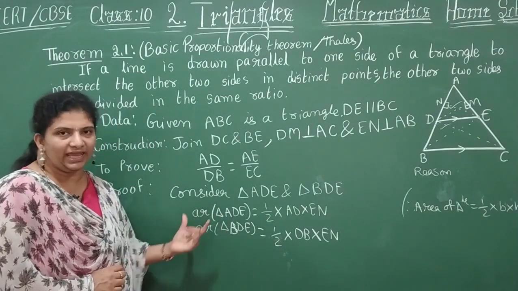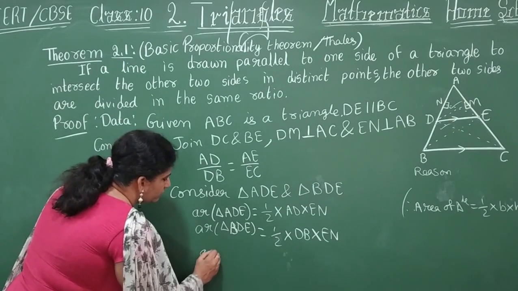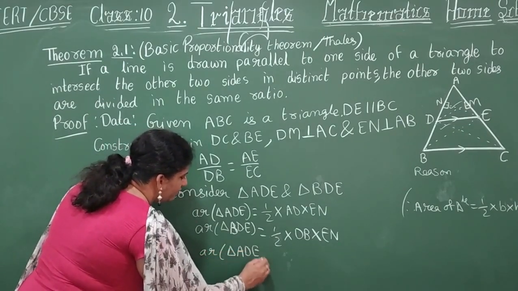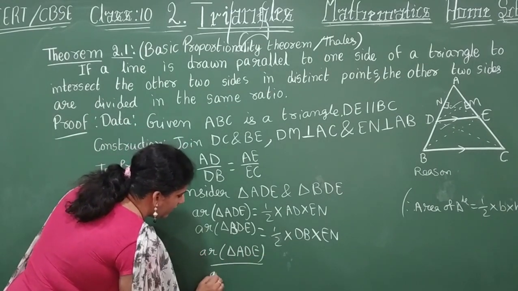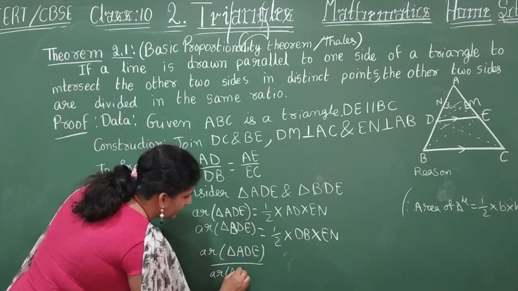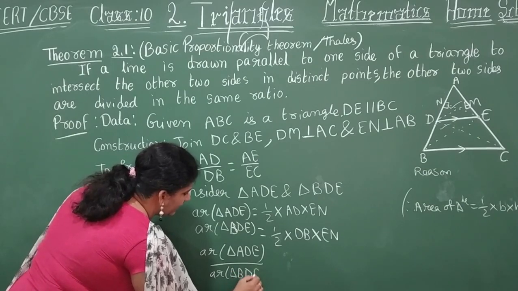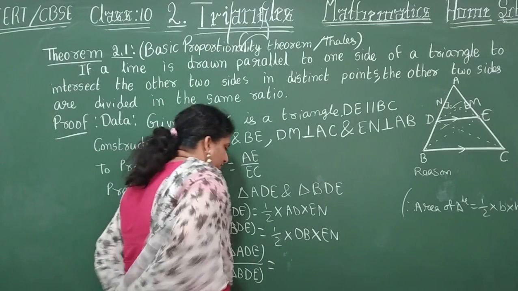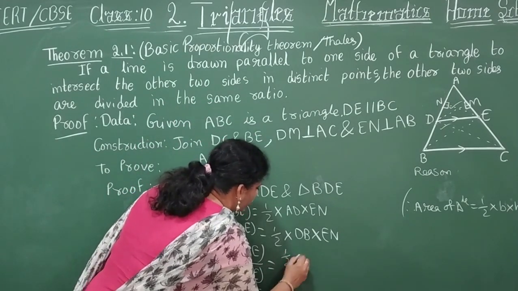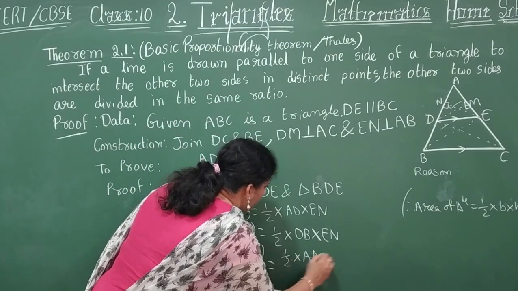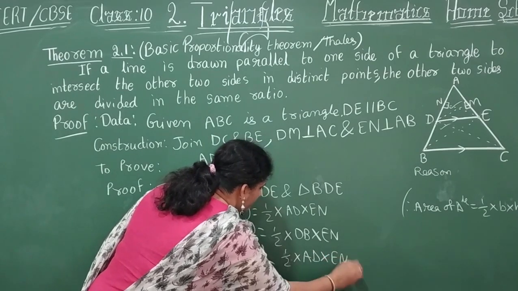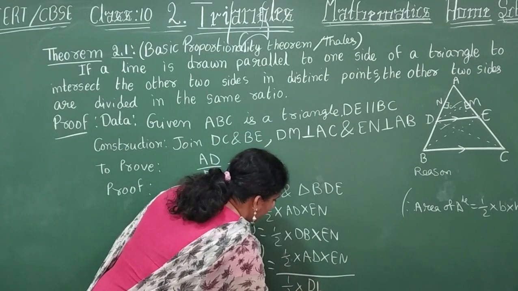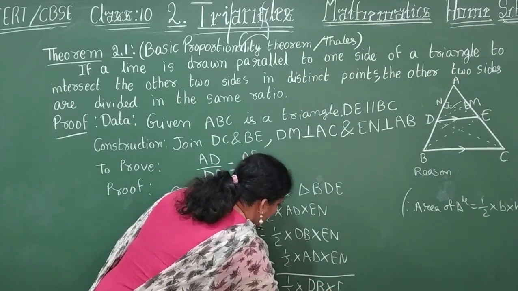Next step, what are you going to do? Divide these two areas. So area of triangle ADE by area of triangle BDE. What is it, children, here? Observe carefully. Half into AD into EN by half into DB into EN.